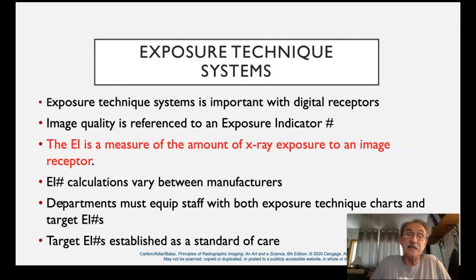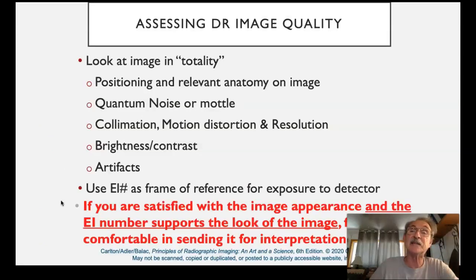So these exposure index calculations vary between manufacturers, and this is why we as technologists are looking for a standardization of this whole mathematical gobbledygook, so that we have a clearer sense, in the unlikely event that we decide to repeat an exposure, of whether I need to use more exposure or less exposure.